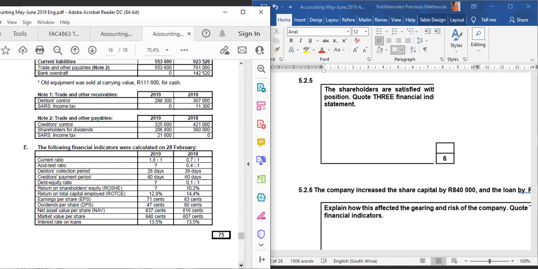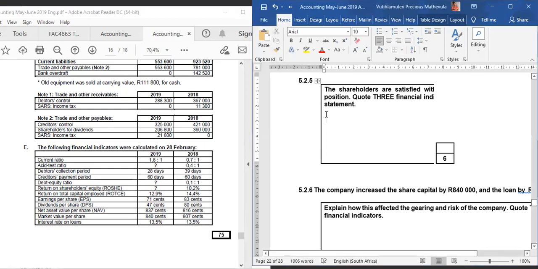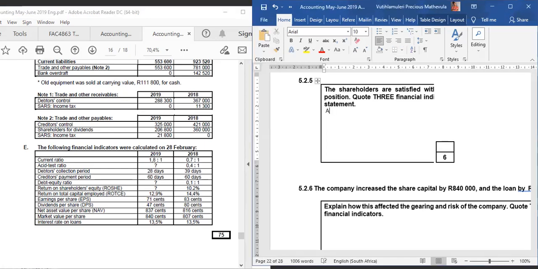They said quote, so you don't only have to list them, you have to quote, right? So we're going to start with the acid test ratio. Commenting is important.